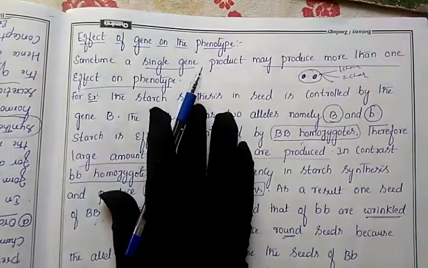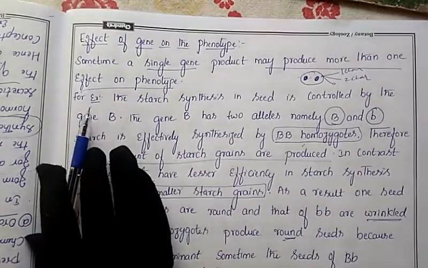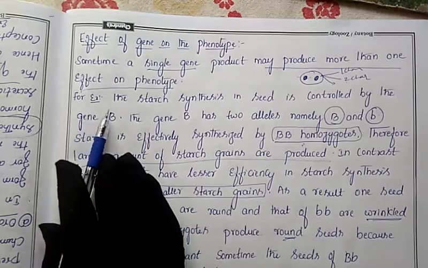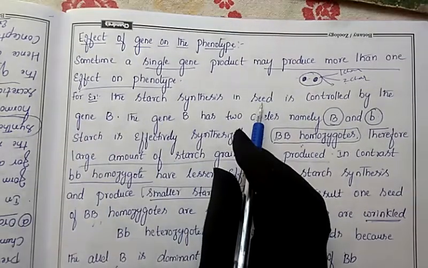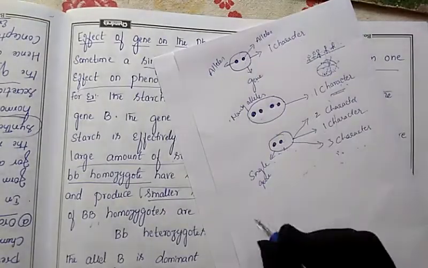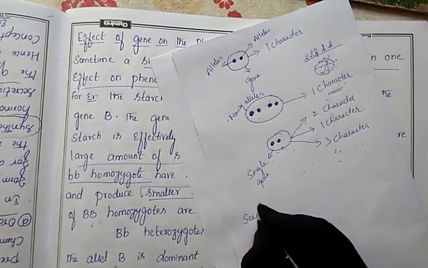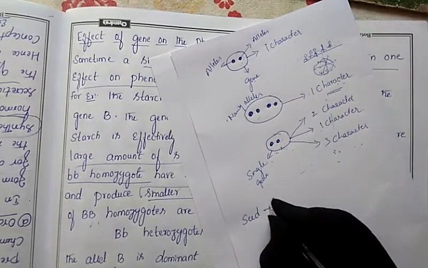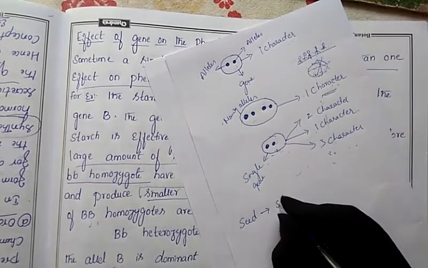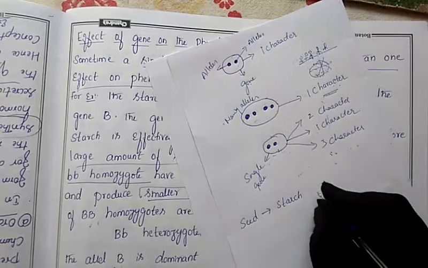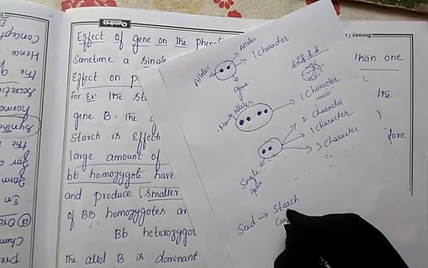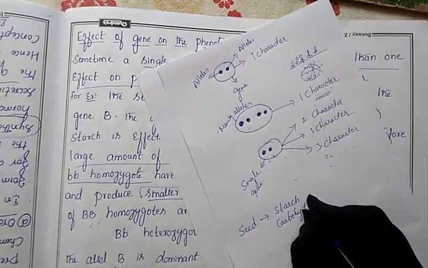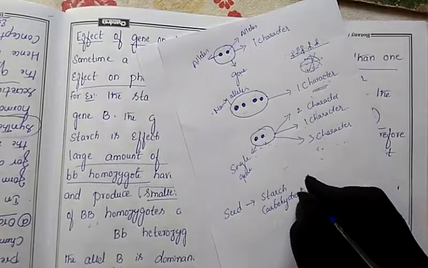So they explained this by giving this example. What they did is they took a seed. Inside that seed, starch synthesis is taking place. Starch, you know very well, is a carbohydrate. You already studied it in your first year.